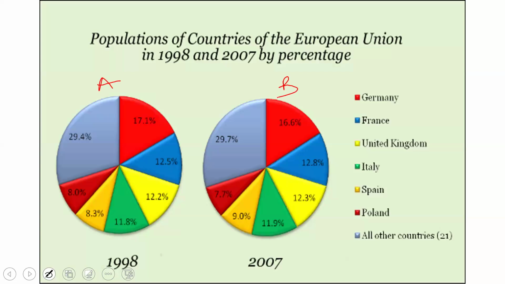For example, looking at Poland, Poland in 1998 was 8.0. Poland in 2007 was 7.70. So there's a slight decrease. As there's a slight decrease in Poland, there's a slight increase in all the other countries. So that's a pie chart.